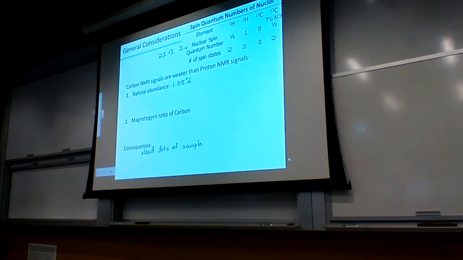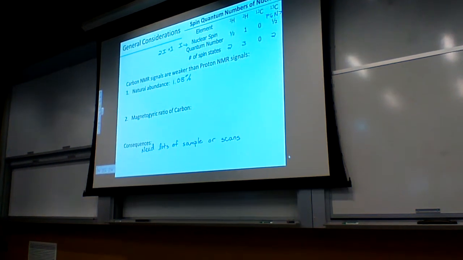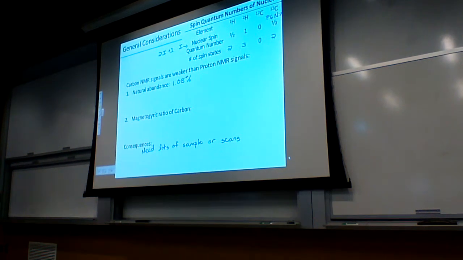Or if we're doing a Fourier transform NMR, which is the modern use of NMR, you need to take lots of scans so that they can be averaged together so you can get a better signal to noise. So either a lot of sample or a lot of scans in the experiment.